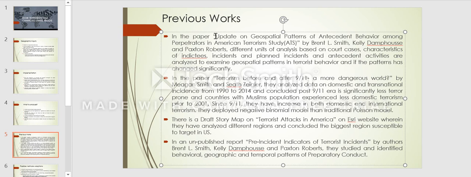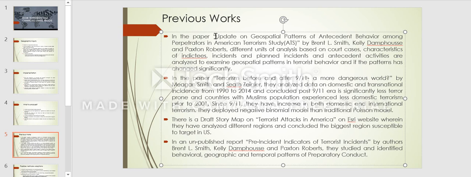What they have been doing is adding different units to the database, like court cases, characteristics of indictees, incidents and planned incidents, and antecedent activities. The paper focuses on those different units, and they analyze them to examine the geospatial patterns in terrorist behavior and whether the pattern has changed significantly over the period of time.